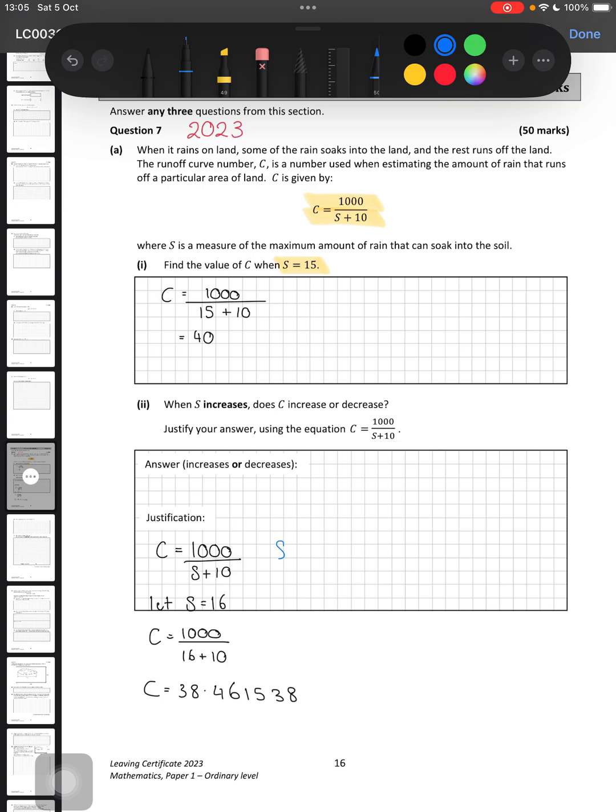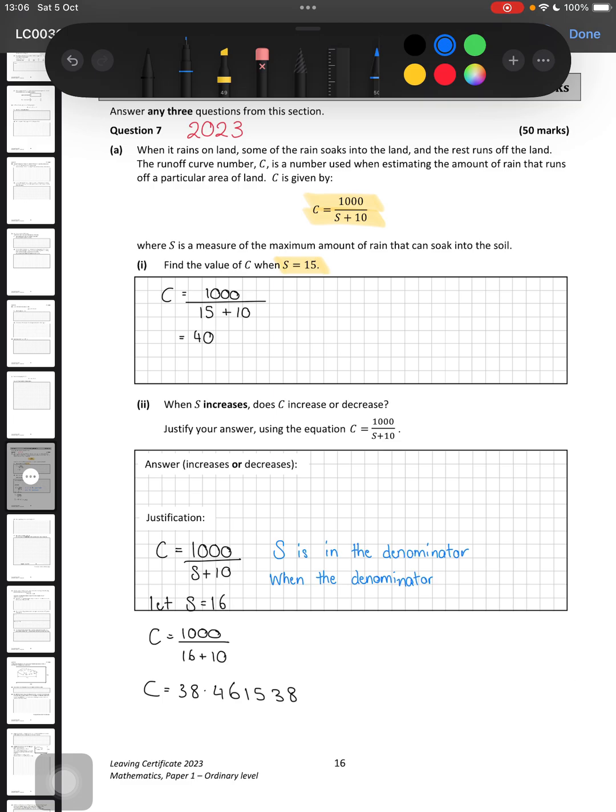So S is in the denominator. When the denominator is bigger, the full number gets smaller. That's it. When the denominator increases or gets bigger, I'm going to use the word increases because that's what they use in the question, but it really doesn't matter too much.